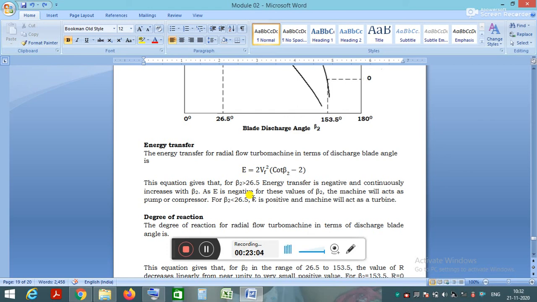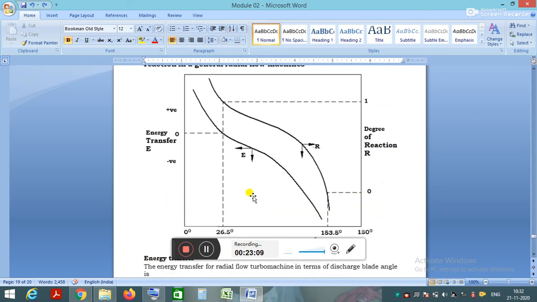Then only E is positive and the machine will act as a turbine. Here in the graph you can see, for any value greater than 26.5, the energy transfer increases in the negative direction. Therefore, the discharge blade angle for a radial turbine should be less than 26.5 degrees.